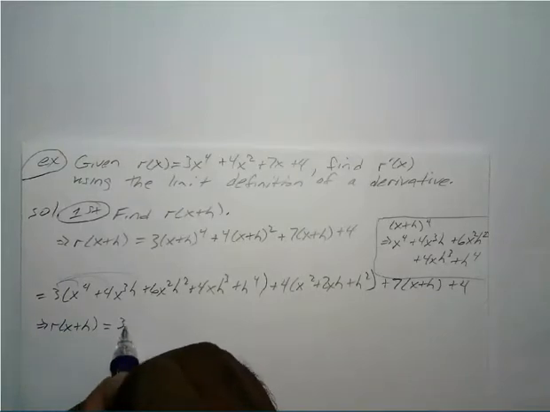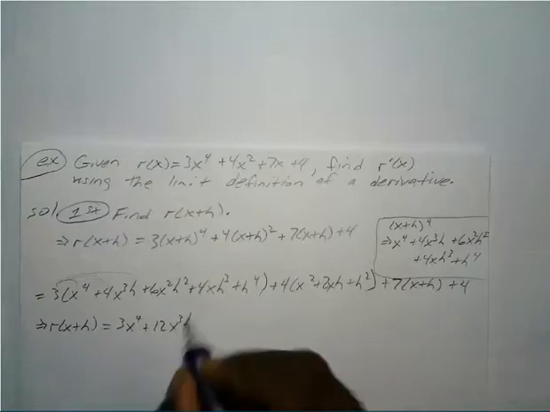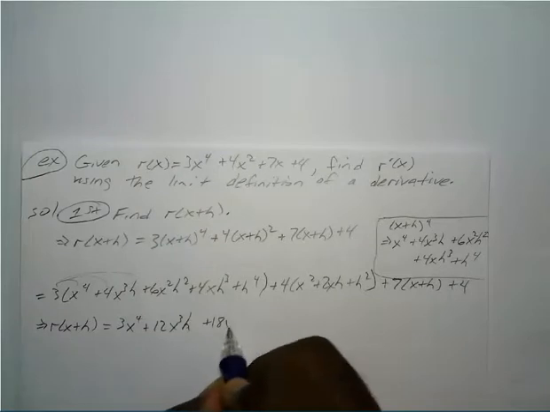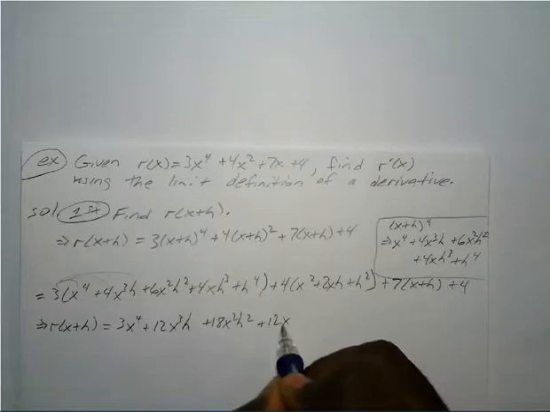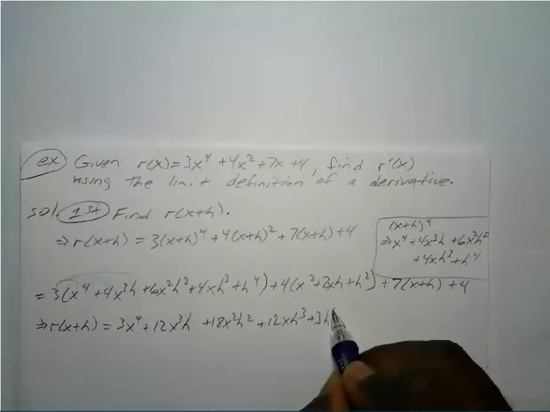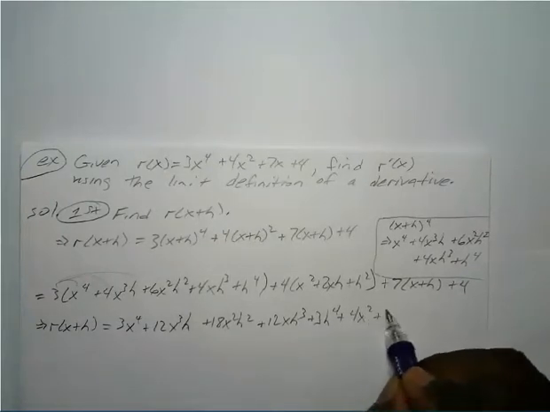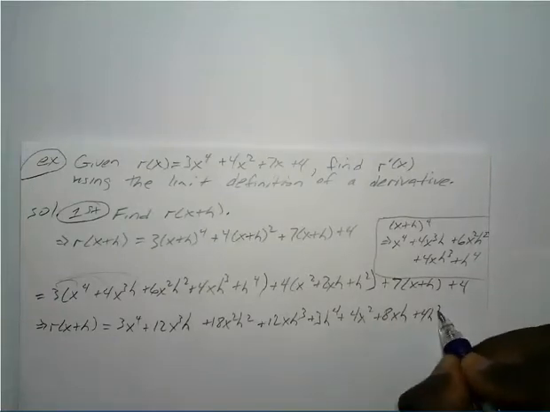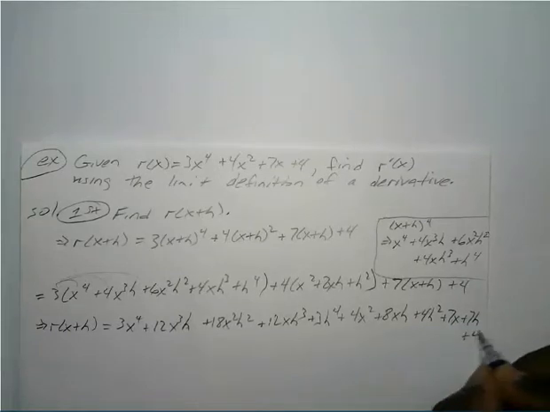It's equal to 3x to the fourth plus 12x to the third h plus 18x squared h squared plus 12x h to the third plus 3h to the fourth plus 4x squared plus 8xh plus 4h squared plus 7x plus 7h plus 4.